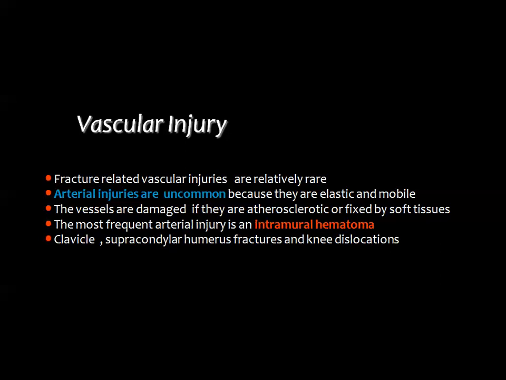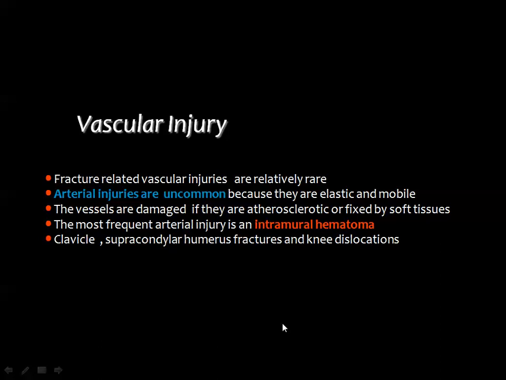Also one of the complications is vascular injury, and those which are commonly injured are the veins, while the arteries are less frequently injured since they are elastic and mobile. This will result in a hematoma surrounding the fracture.